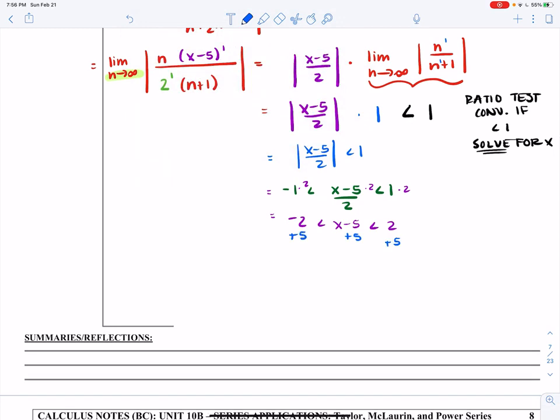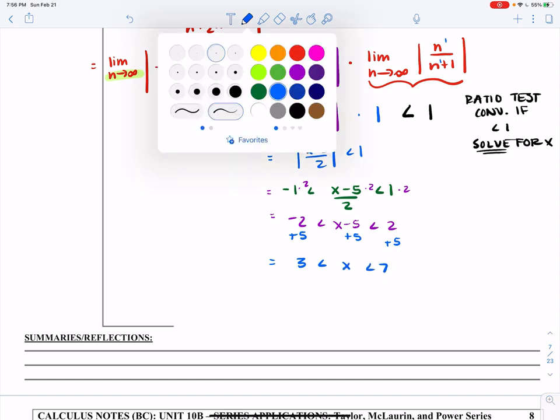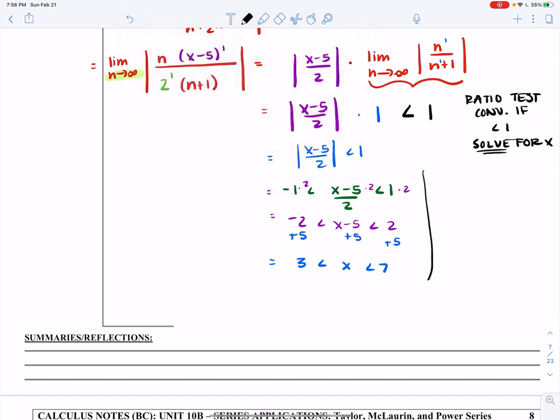And I get that 3 is less than x is less than 7. Now here's what this is telling me. When I think about this certain power series, I know it's centered at 5. How did I know that? Because of the x minus 5s.